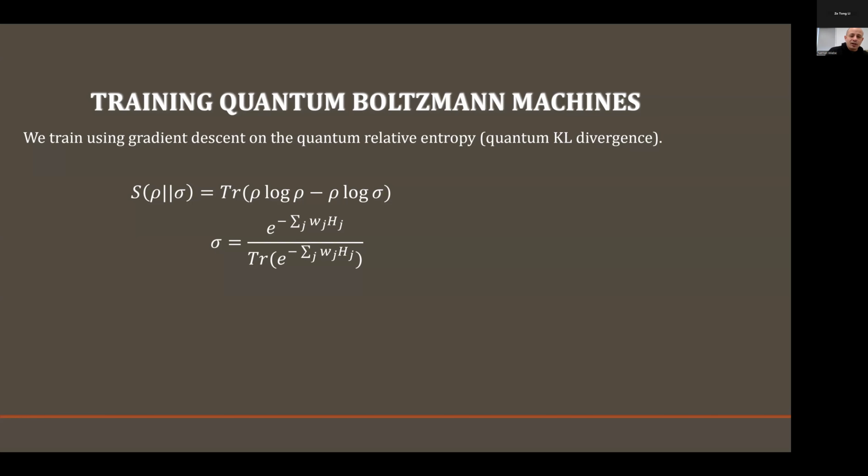Here, sigma is the state that's generated by the quantum Boltzmann machine, which is defined to be e to the minus Hamiltonian, where the w_j are the weights. These are your free parameters that you adjust in order to set your particular model, and we want to choose them to minimize the divergence. This divergence, it's not technically a distance, but the divergence between the two quantum density operators is zero if and only if the two are equal to each other.